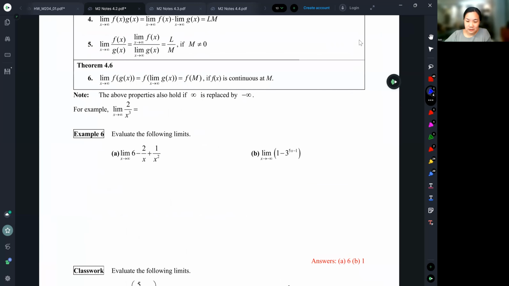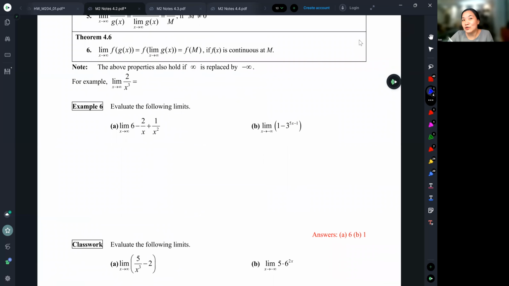Example 6. So this limit, now how do you find it? You can use the third property, what do you call it?